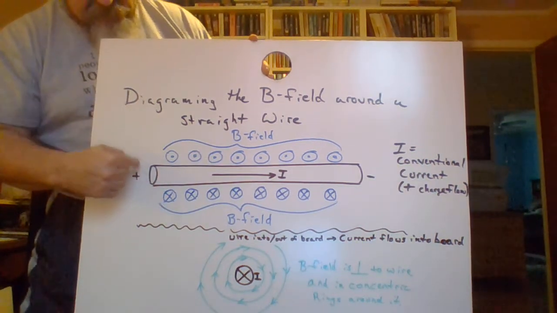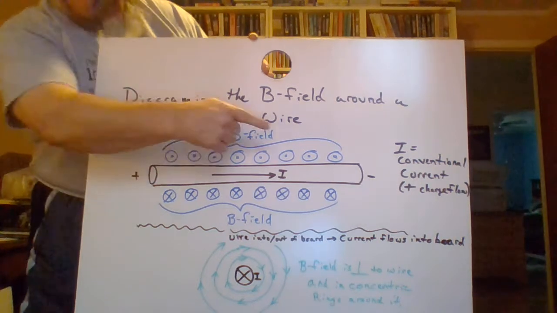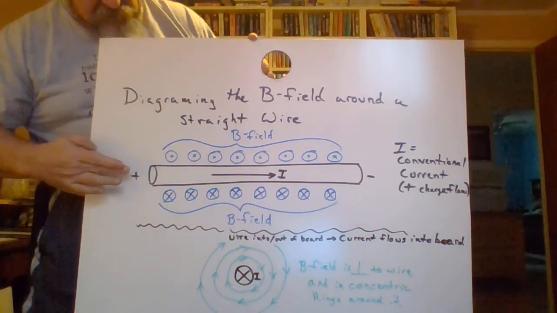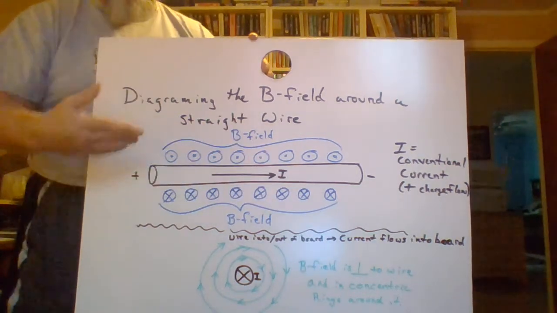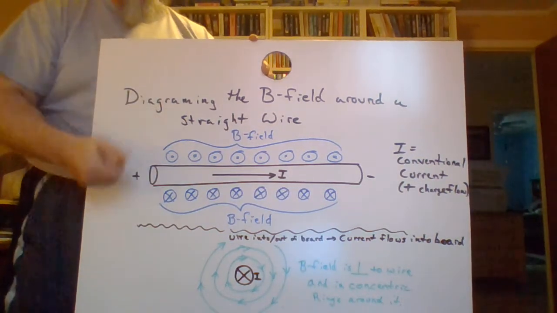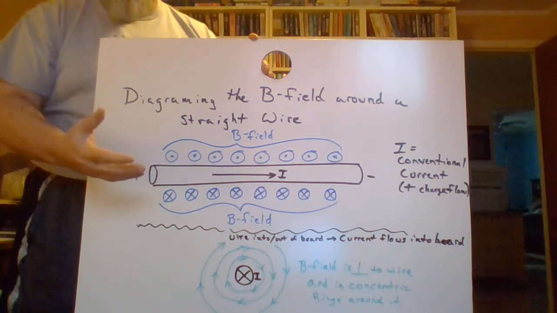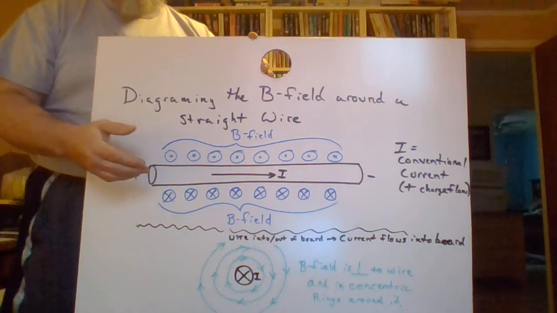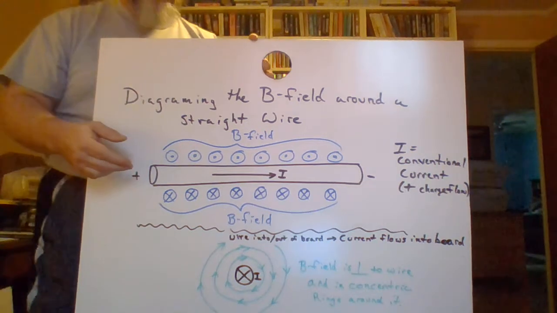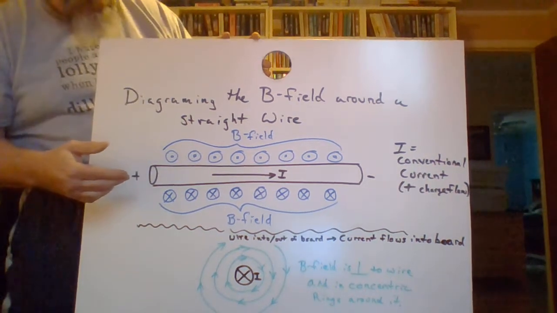And imagine that we have a positive side over there, negative side over there, so the current is flowing from this positive over to the negative. That is the direction of conventional current flow. We're not actually worrying about the actual direction of electrons in the wire. We're worrying about what we call conventional current, which is the flow of positive charge.